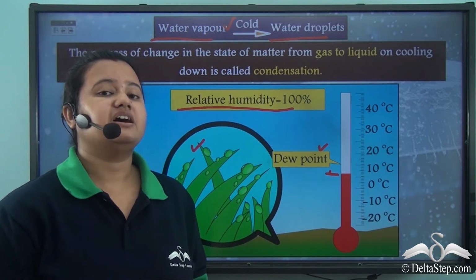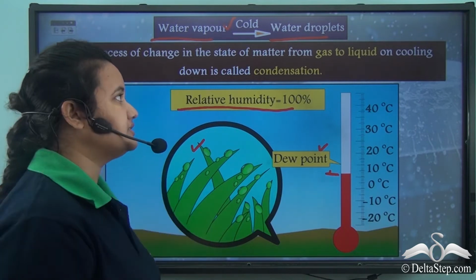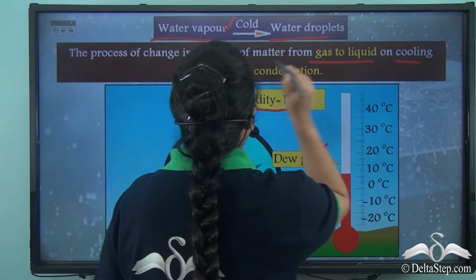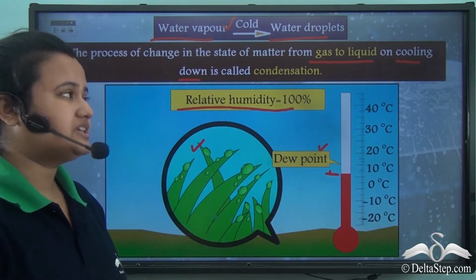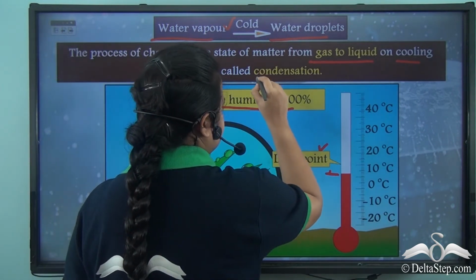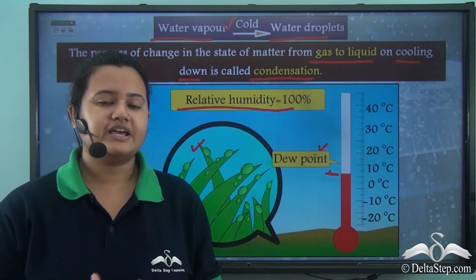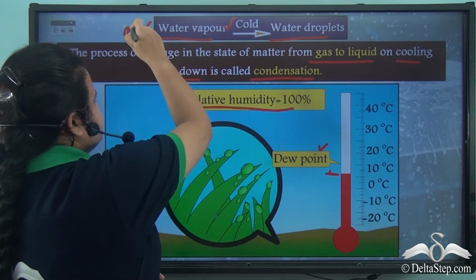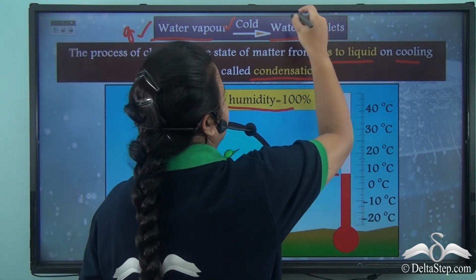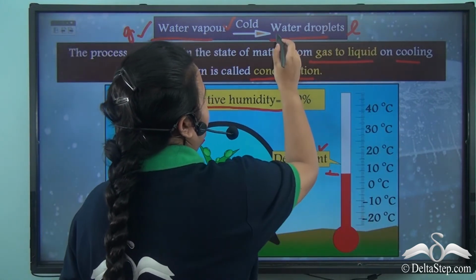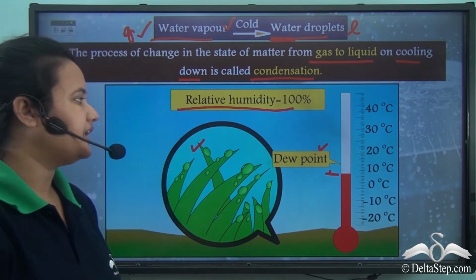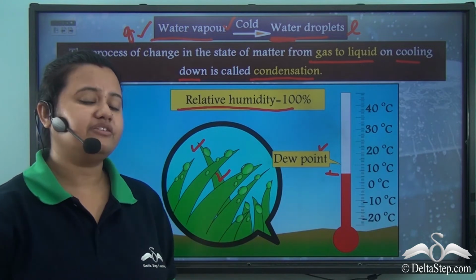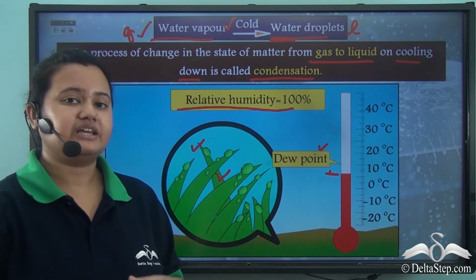So, there is a change in state of matter from gas to liquid on cooling down, and this process is known as condensation. So, in the process of condensation, water vapor or gas changes into liquid state or water droplets on coming in contact with a cold surface like blades of grass or even dust particles present in air.